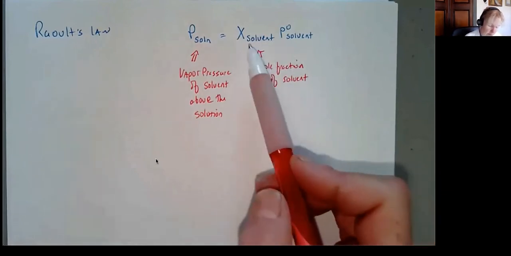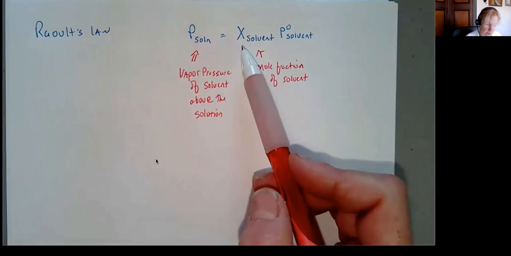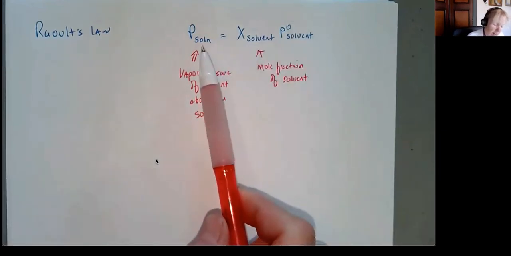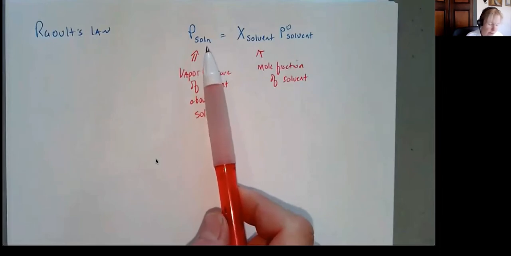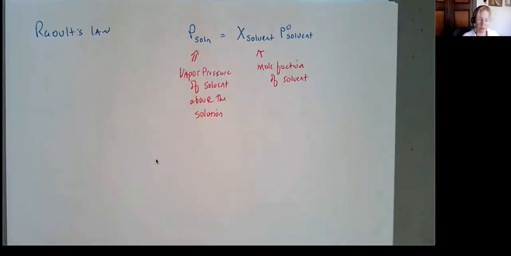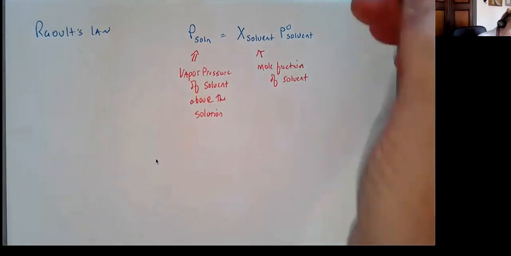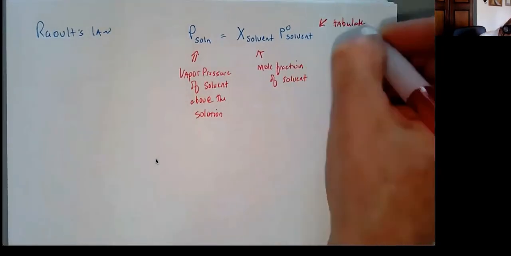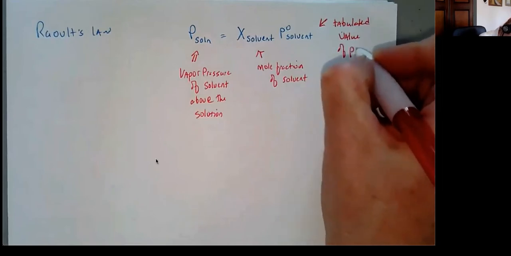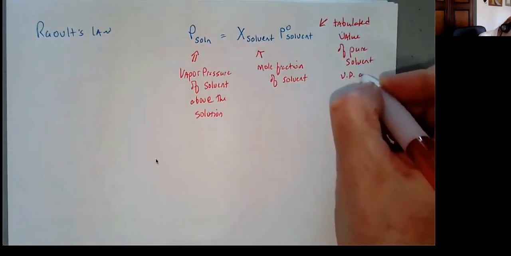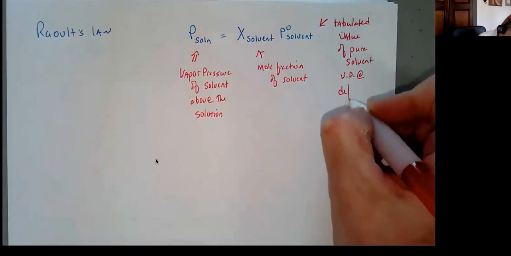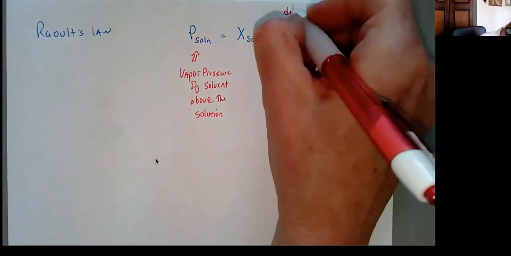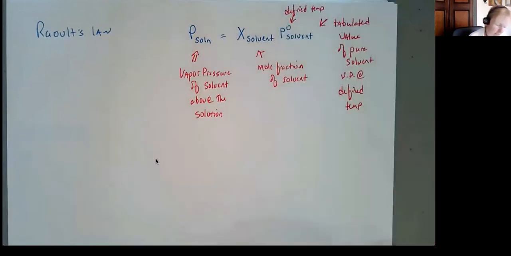And so as the number of moles of solvent to solute go down, the fewer solvent molecules are going to move from the liquid to the gas phase. And this term here is a tabulated value of pure solvent vapor pressure at a defined temperature. That's what this little knot means here, that this is a defined temperature. So a defined set of values.